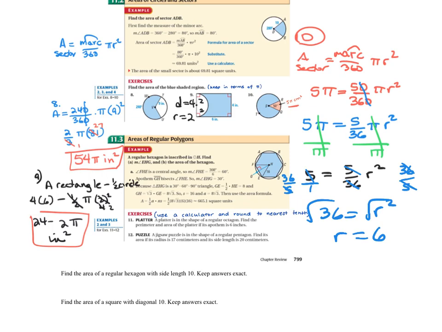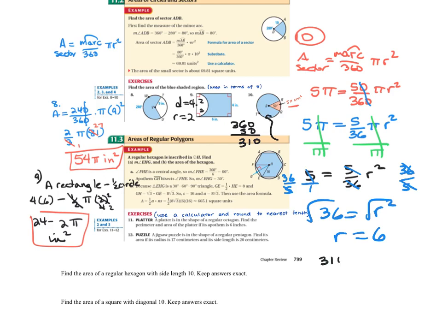Now that I found the length of the radius, I can go back and find the measurement of the area of the blue sector. Remember, there's 360 degrees in a circle. So up here, if you do 360 minus 50, what's left is 310 for the blue.